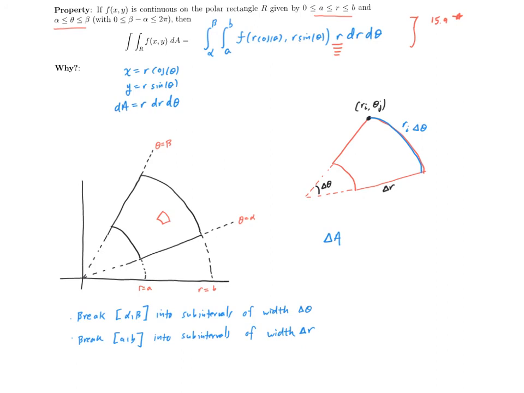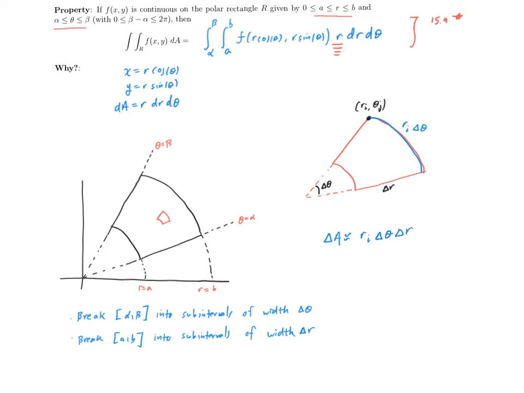And instead of trying to write it down exactly, we will approximate the area of this subrectangle as its length times its width. Just multiply together those side lengths. So we could think of this as being r sub i delta theta delta r.